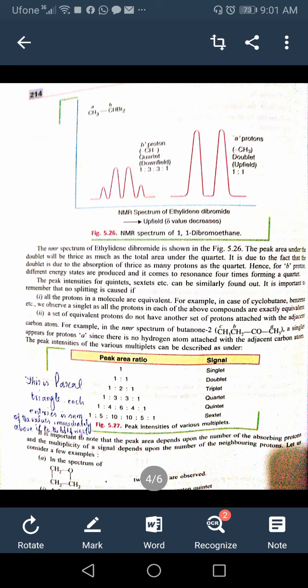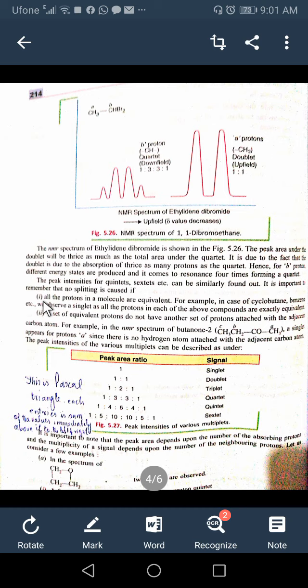Whether doublet, triplet or quartet, that can be explained on the basis of spin-spin interaction of the protons on the adjacent carbon atoms, and their ratio can also be explained.